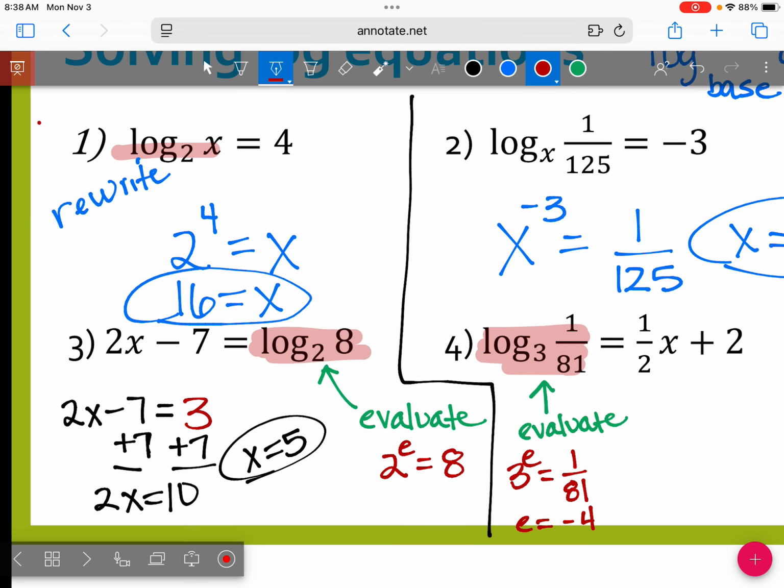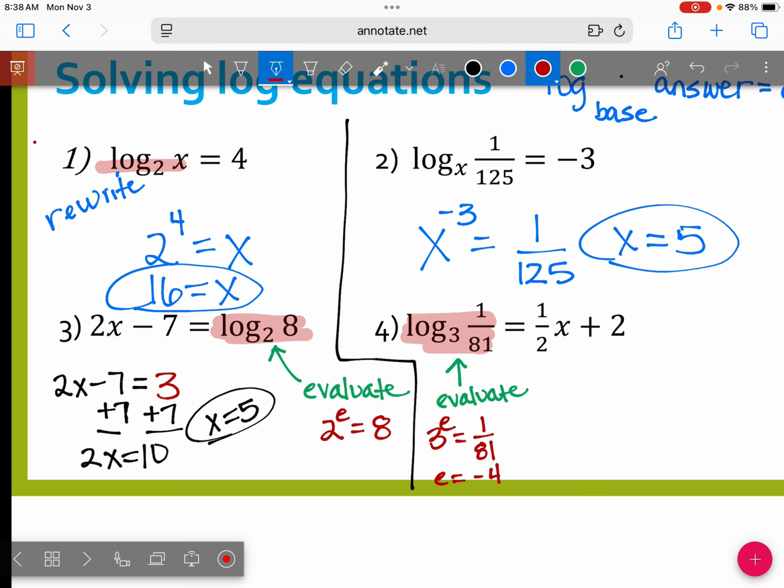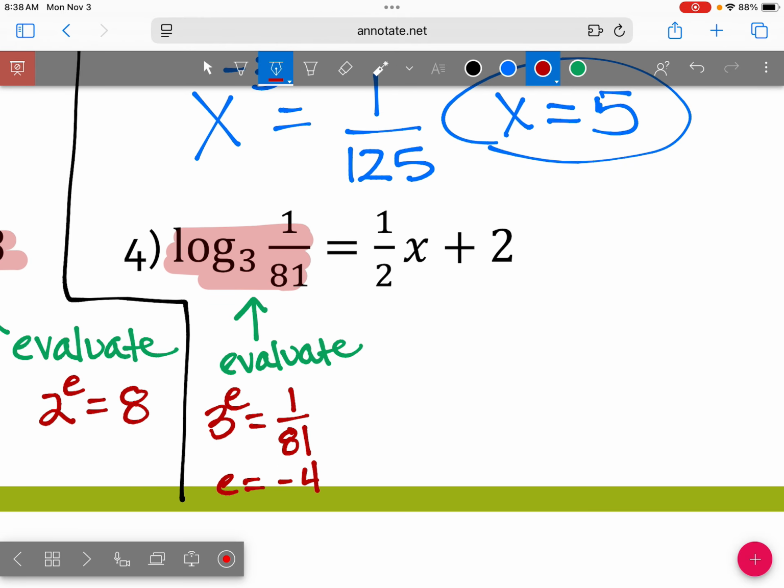Now that I have that, I can substitute it in. So -4 equals 1/2 x plus 2. Now we need to solve that for x. I'm going to start off by subtracting 2.